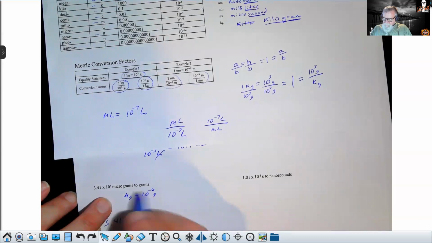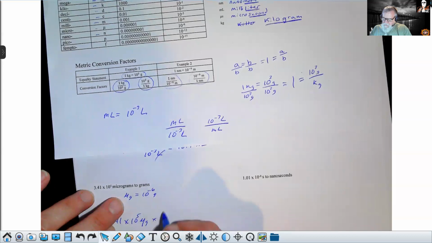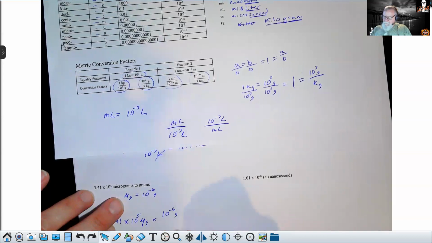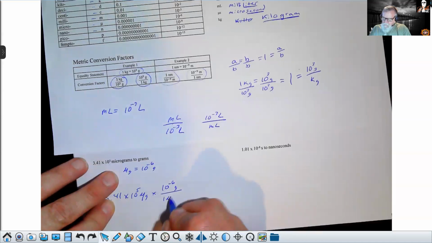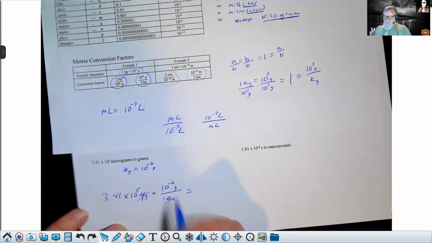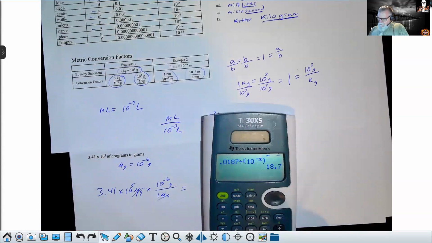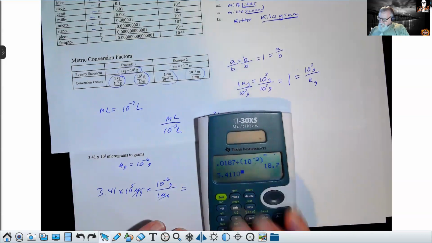We want to go to grams. We'll multiply this by 10 to the negative 6 grams divided by 1 microgram. So now my micrograms cancel out. I'm left in grams. So this is 3.41 times 10 to the negative 6.